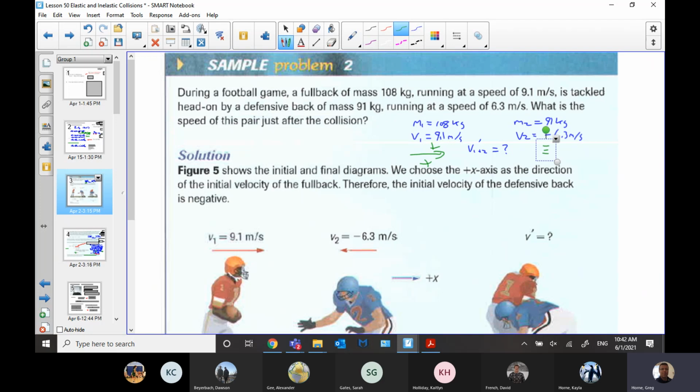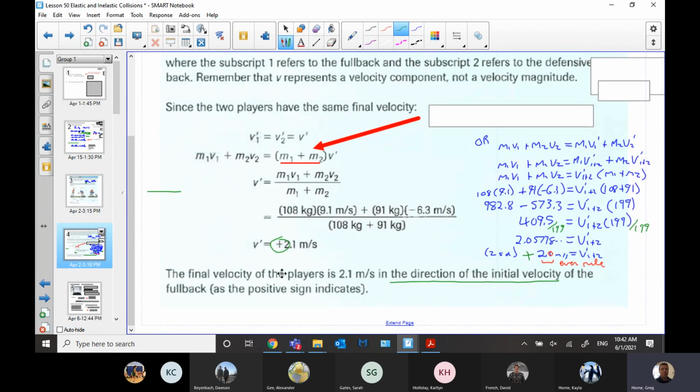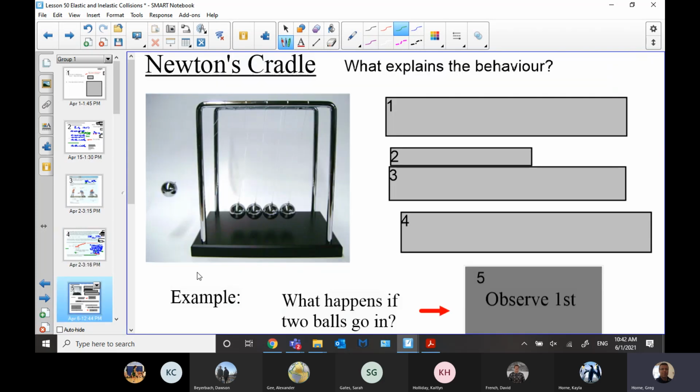So it's in the initial direction of the full bag, I guess, the 108 kilogram person. So just watch for the direction meaning in your answer. Any questions about that? Okay. What do they have here? Yeah, the idea of masses joined together, which we've obviously already done thoroughly, so we're good to go.